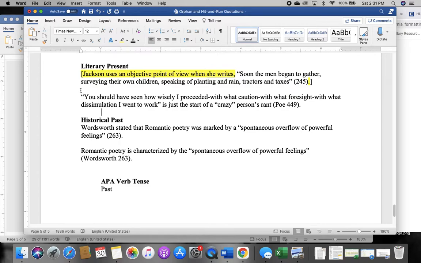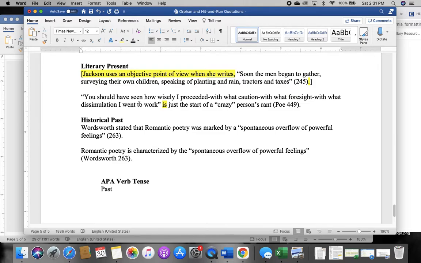Also the last name is needed here because it's nowhere else. And again, that's the present tense, and that's correct because again, this is talking explicitly about the text itself.